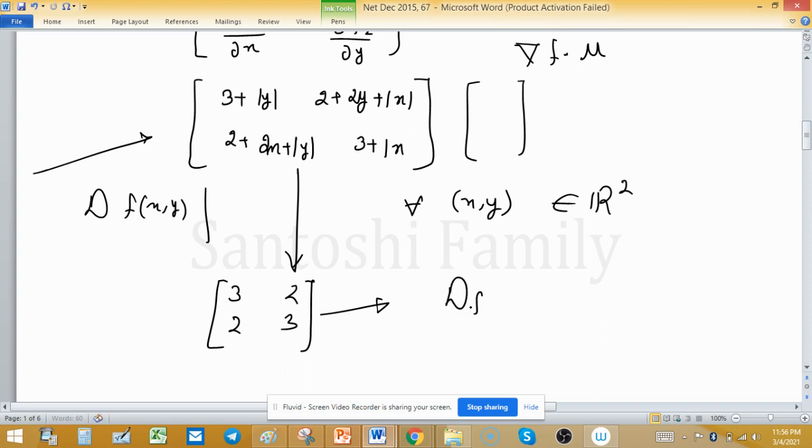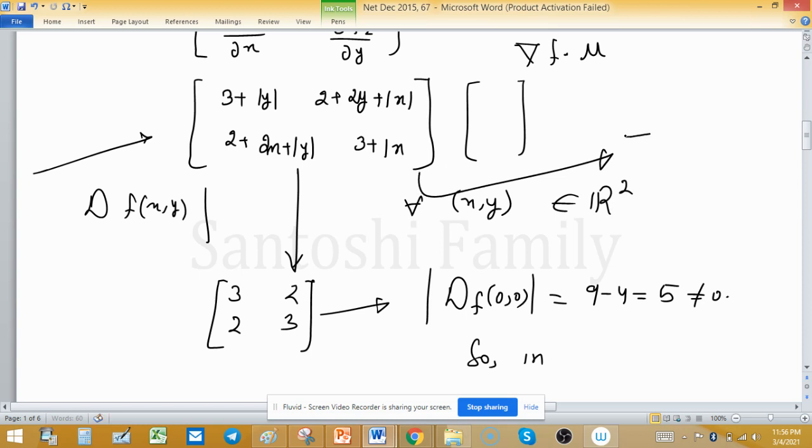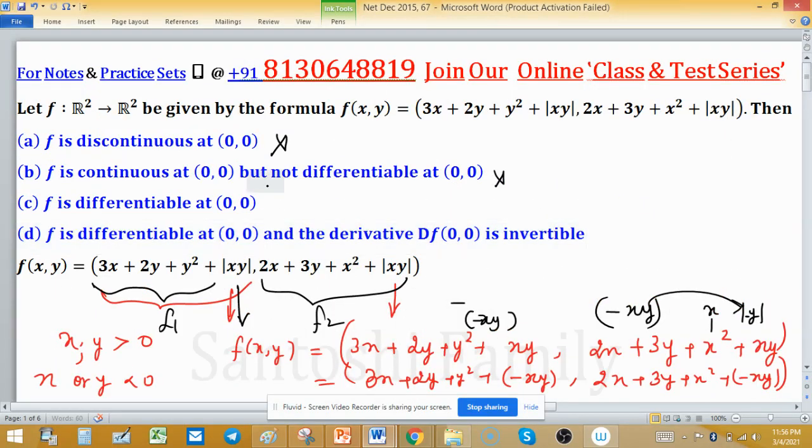Determinant of df at (0,0) is 3 times 3 is 9 minus 4, 9 minus 4 is 5, which is not equal to 0, so invertible. Sometimes we refer to this as a Jacobian. So options C and D both are right.